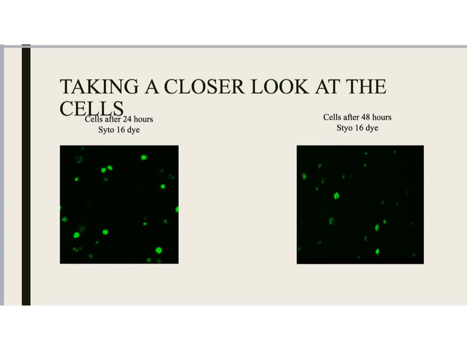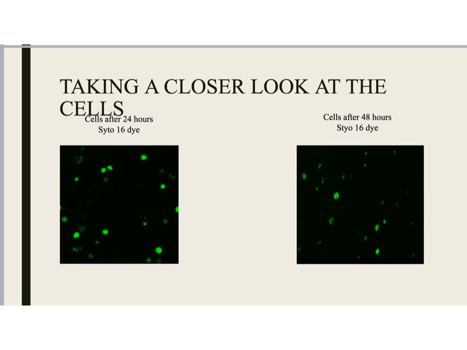Next, let's take a closer look at the cells. On the left, these cells are after 24 hours of incubation in the Cyto16 dye. This dye is a fluorescent DNA-binding dye which allows you to visualize nuclear condensation and blebbing.